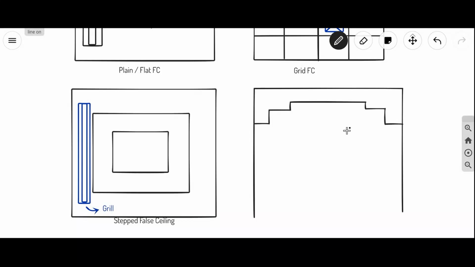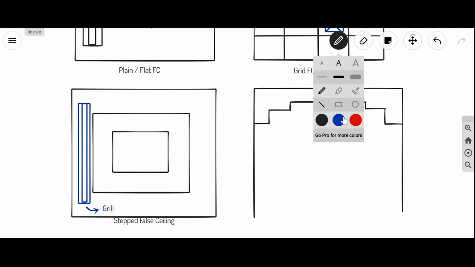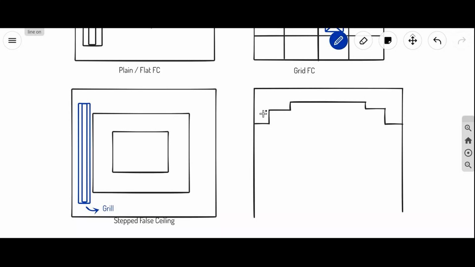So the stepped false ceiling will be like this. Okay. So this is grill.